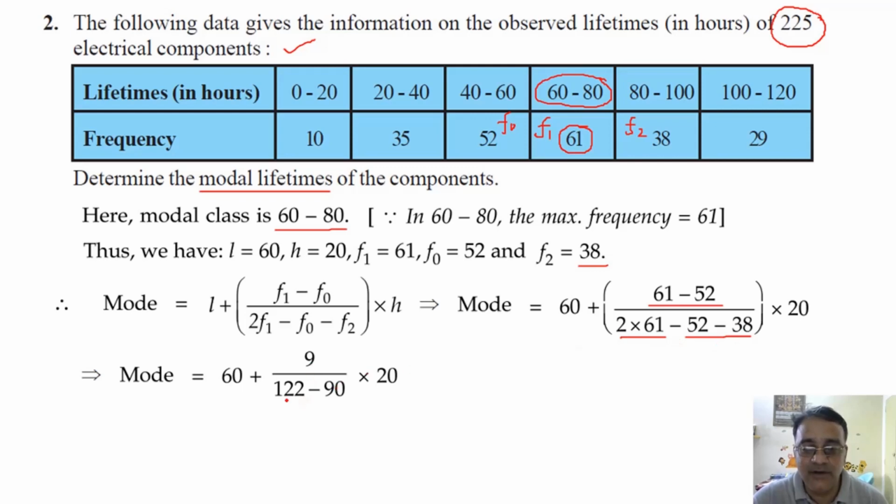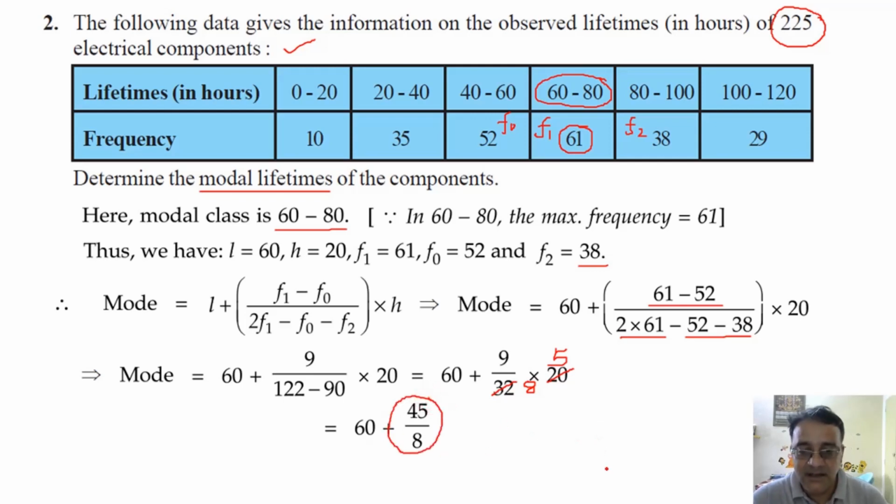So 9 upon 32. Now we can cancel a little: we can cancel by 4, 4 fives are 20 and 4 eights are 32. So 60 plus 45 by 8 we got, and if you divide this, we'll get 5.625.